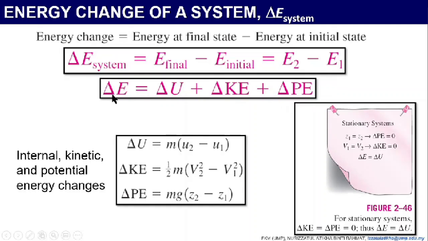It is also summarized here. Delta U equals m(u2 minus u1). Delta KE equals 1/2 m(V2 squared minus V1 squared). Potential energy: delta PE equals mg times (z2 minus z1), where z is the height.